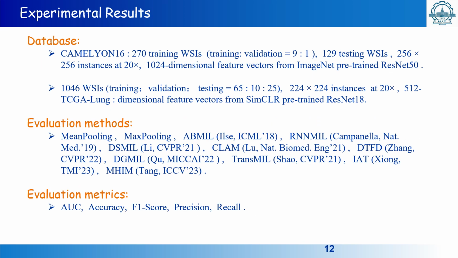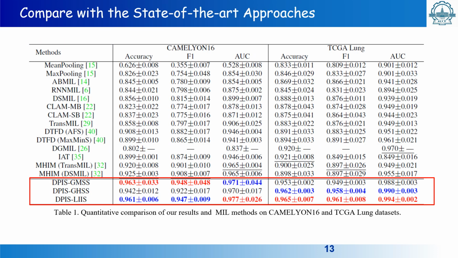To compare our methods with 11 other representative MIL methods, we use two datasets for evaluation. For metrics, we mainly use AUC, accuracy, F1 score, precision, and recall for comparison. The representative MIL methods are employed for comparison. Quantitative results on two commonly used WSI datasets are presented in Table 1.